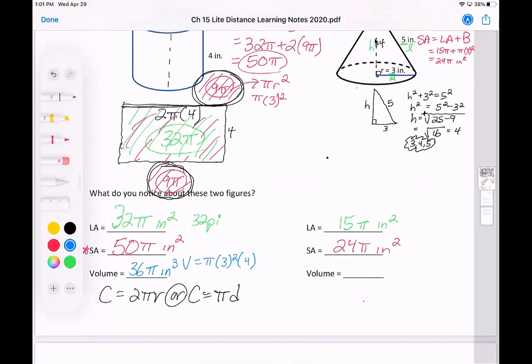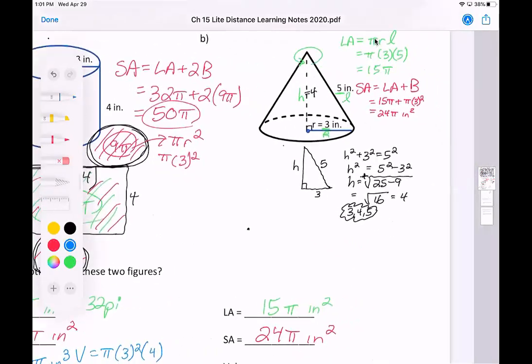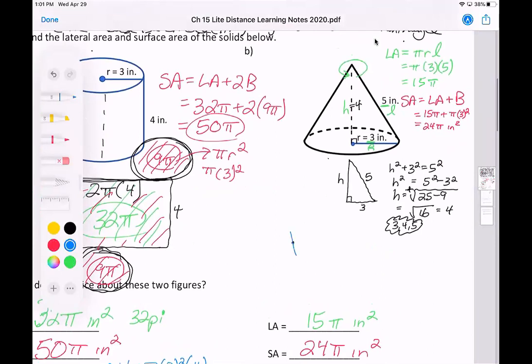And then lastly, let's find the volume of the cone. From the formula, the volume equals 1/3 the area of the base times the height of the cone. The area of the base is pi r squared, times the height. So that would be 1/3 pi, the radius is 3 squared, and the height we found earlier, which is 4.